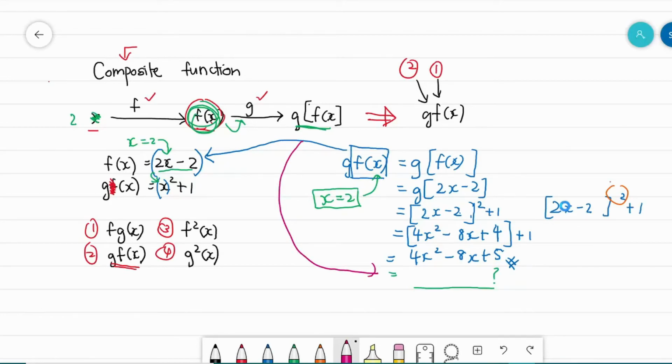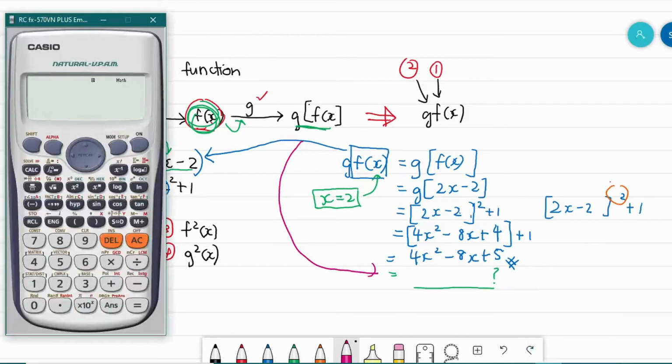All right, so in this case it will be 4x squared minus 8x plus 5. What I like to do is put a value on it. So 2, just press shift and STO, and you will see something like this, meaning a equals 2.